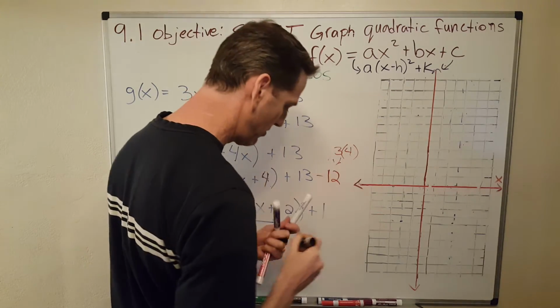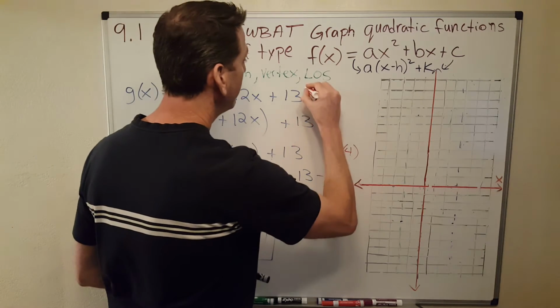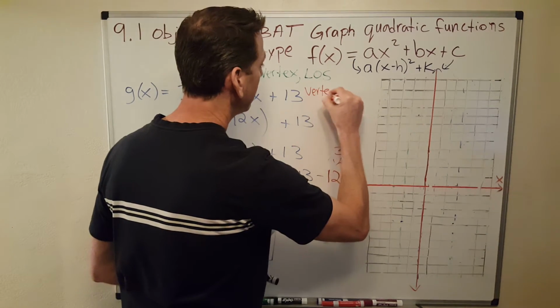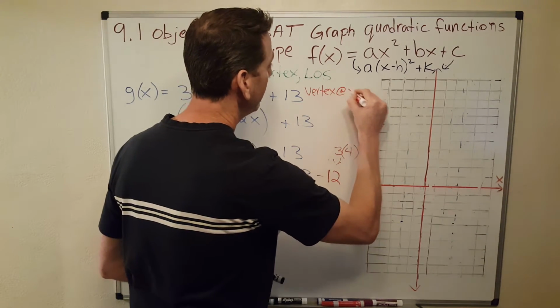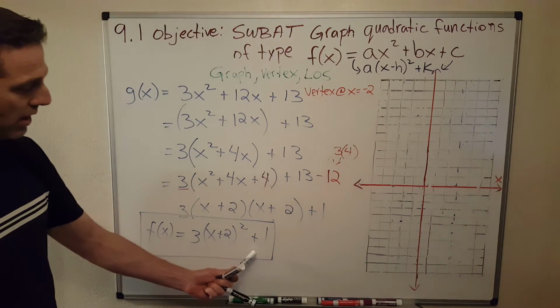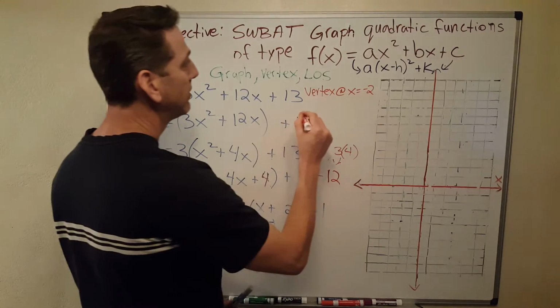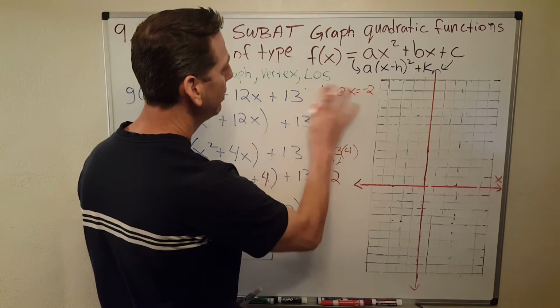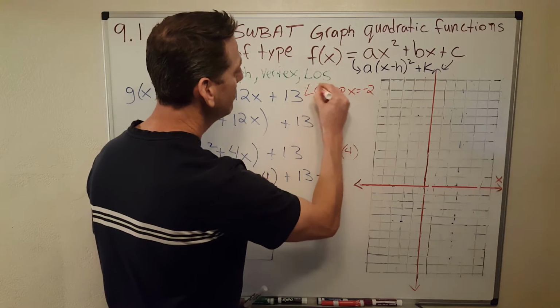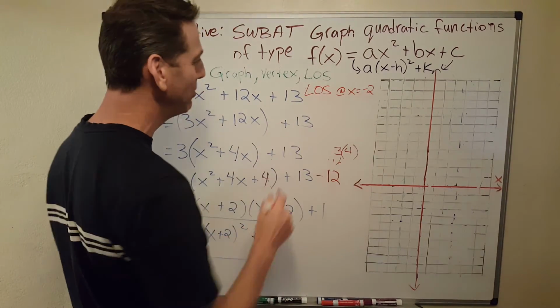There, let me do this right. My vertex is at x equals negative 2. All right? Right there. And I know that my, excuse me, that's wrong. My line of symmetry is at x equals negative 2.